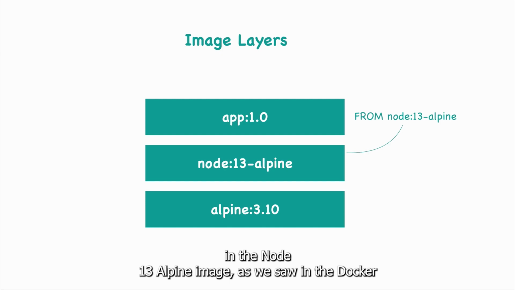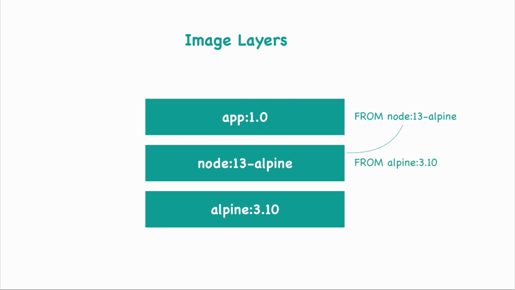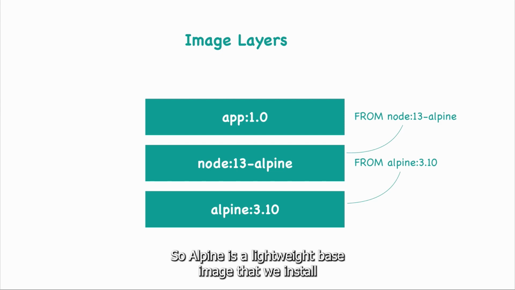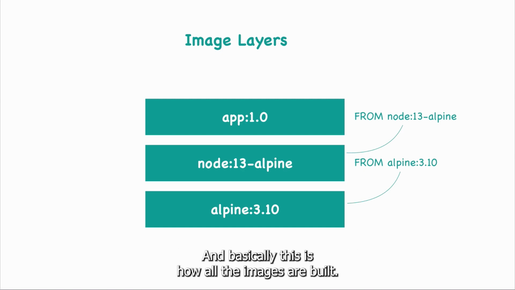And the node 13-alpine image, as we saw in the Dockerfile, is based on the alpine base image with version 3.10. That's why it specifies FROM alpine 3.10. So alpine is a lightweight base image, then we install node on top of it, and then we install our own application on top of it. And basically this is how all the images are built.